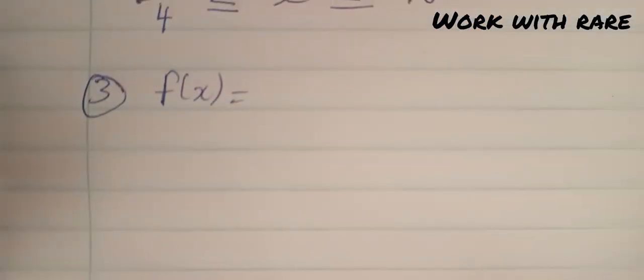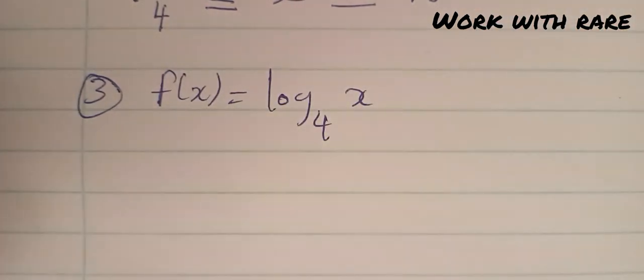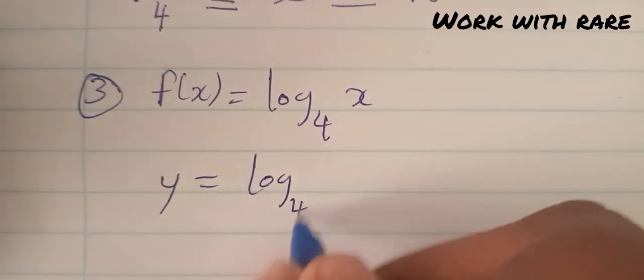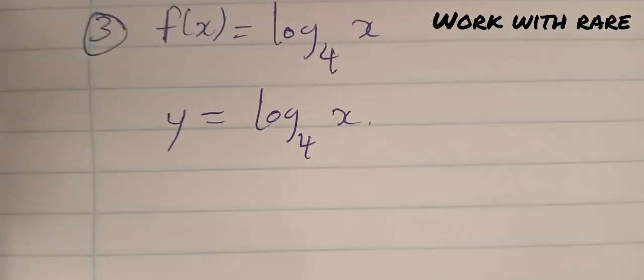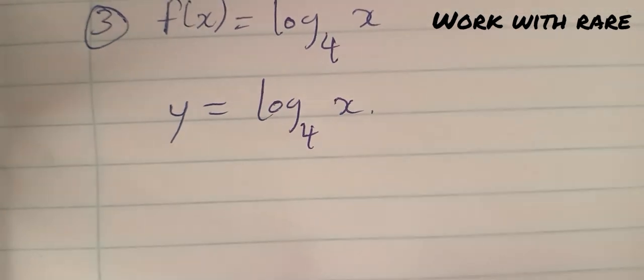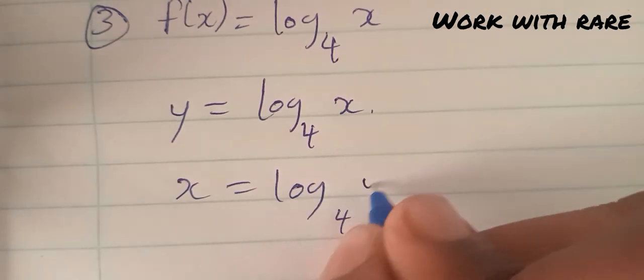Let me write it here. f of x is equal to log base 4 of x. Remember, f of x I can write as y equals log base 4 of x. Like I said, I have to swap. Where I see y, I will write x. Where I see x, I will write y. So if I swap them, I will have x equals log base 4 of y.